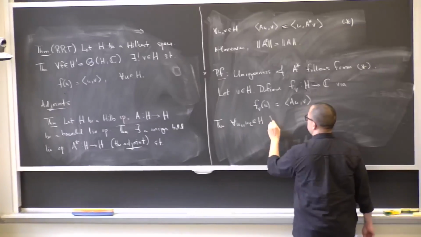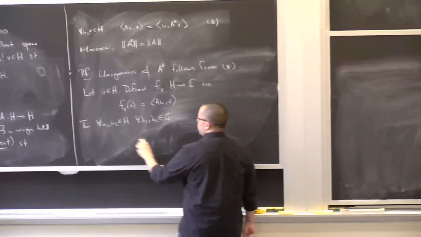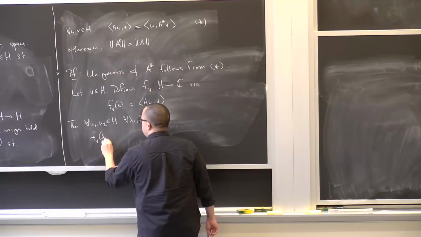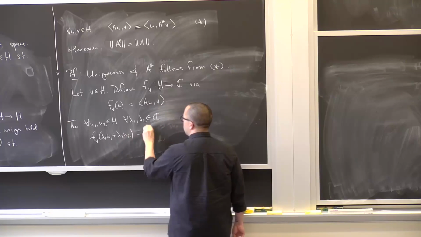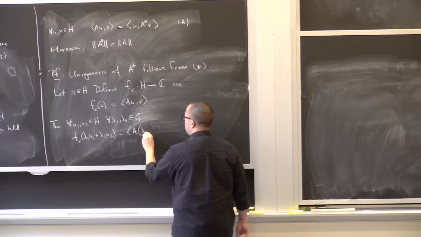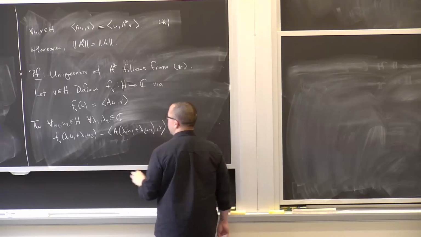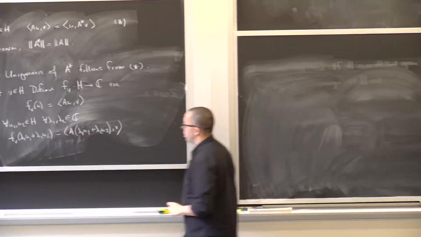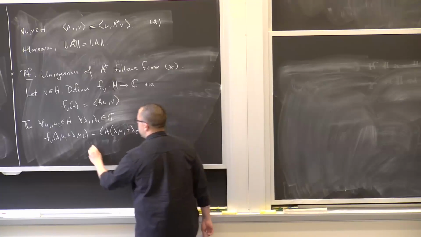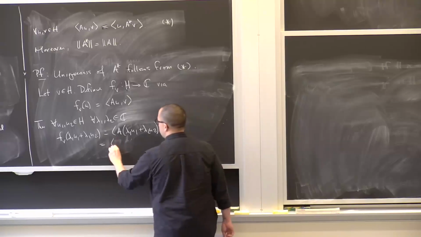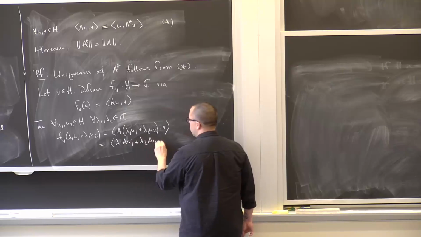Maybe I shouldn't check this, maybe I should, but let's check it anyways. If I take F sub v of lambda 1 times u1 plus lambda 2 u2, this is equal to A of lambda 1 u1 plus lambda 2 u2 inner product v. And now we use the fact that A is a linear operator so that it acts on the linear combination by linearity. So then I get lambda 1 A u1 plus lambda 2 A applied to u2 inner product v.